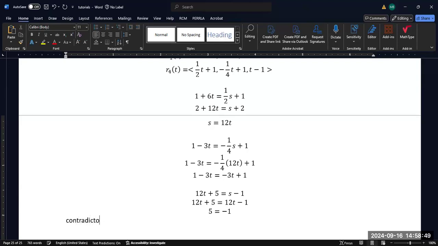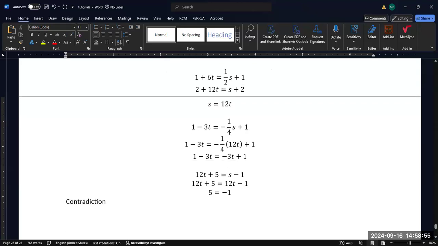And so what that means is that even though these are pointing in the same direction, even when their x and their y coordinates are the same, their z coordinates are not the same. And so these lines are parallel.